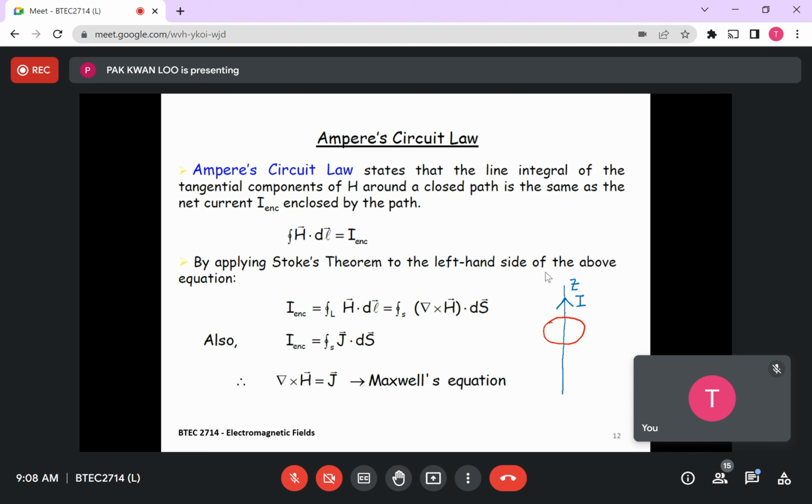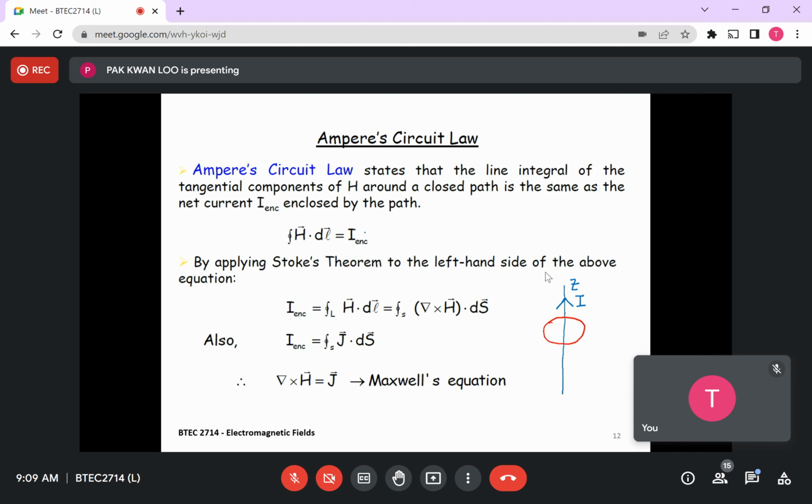The magnetic field that works along the path is equal to the line current enclosed. So this is Ampere's law.